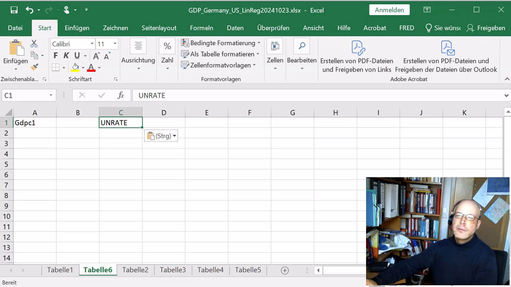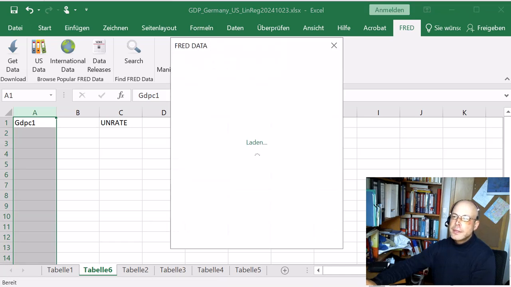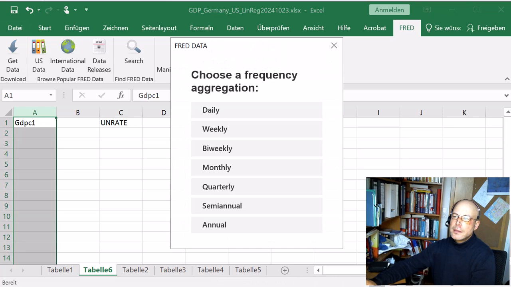This is the right format. And if you click then up here, if you have implemented the plugin, you will find it in your Excel program. And we want to have a frequency of, hopefully this works. Maybe my processor, since I'm streaming this. Now it's coming. Yep, it takes a little time.